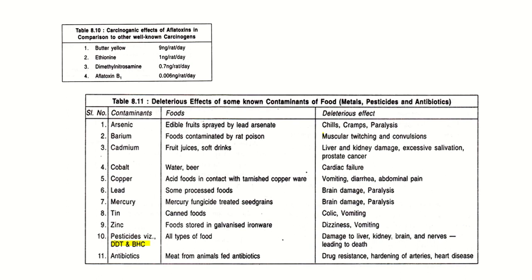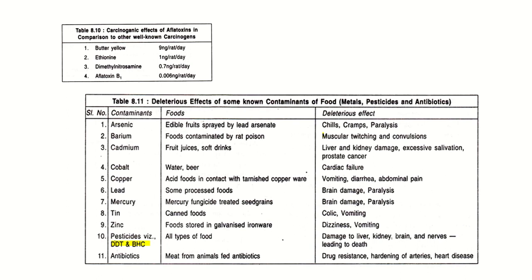Pesticides. There are a large number of pesticides and various molecules. All the pesticides generally come through at a GRAS level, generally recognized as safe. But it is not advocated for some, like DDT and BHC. Now they are banned in India and all over the world. Aldrin, Dieldrin, BHC, DDT.